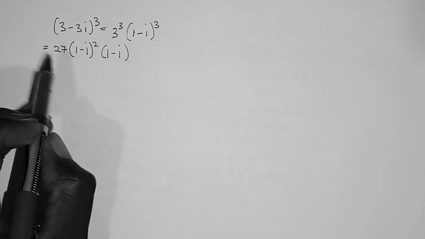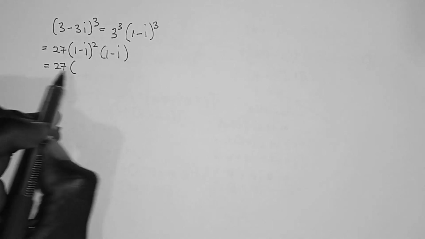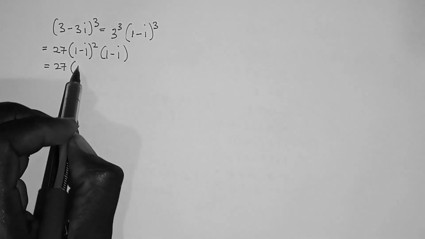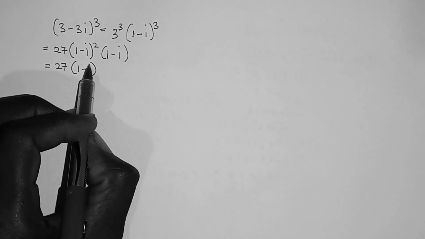So this is equal to 27, then times, let me bring 1 minus i first.